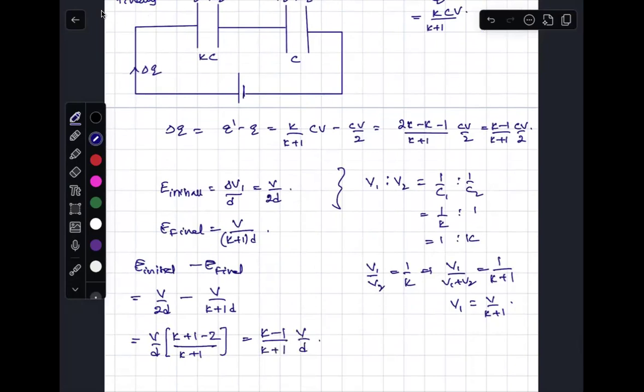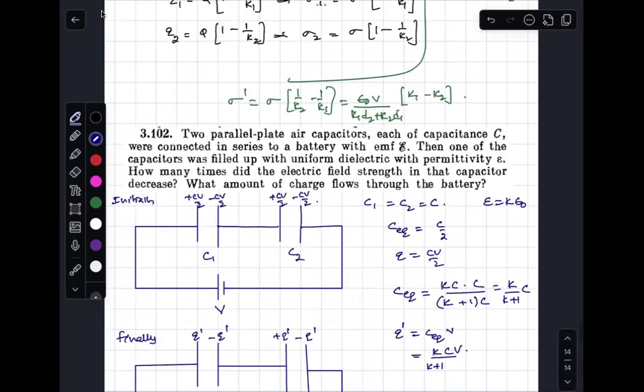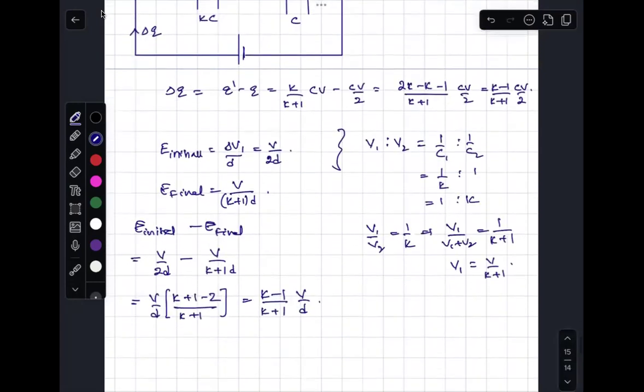What is this, by the way? This is how many times the electric field strength in that capacitor decreased.